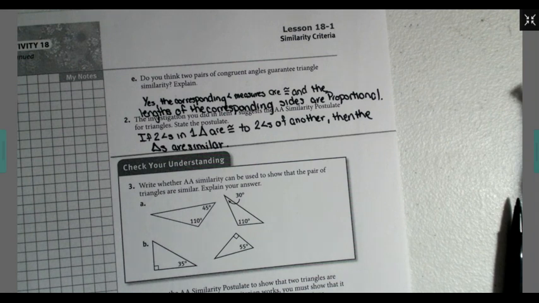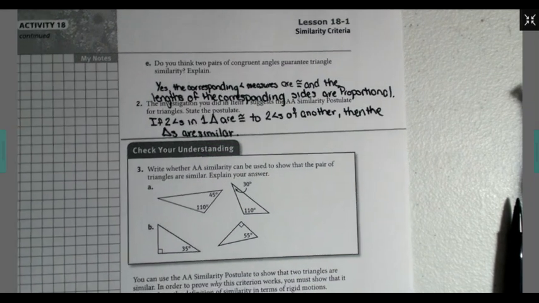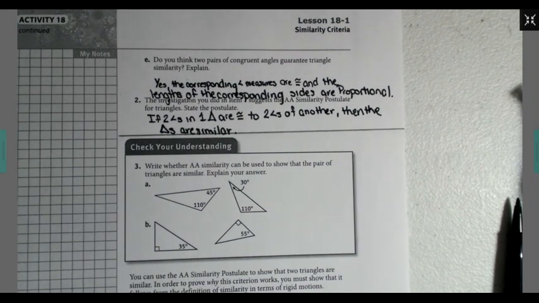Number 2 says, the investigation you did in item 1 suggests the angle-angle similarity postulate for triangles. State the postulate. The postulate states, if 2 angles in one triangle are congruent to 2 angles of another triangle, then the 2 triangles are similar. On to the next set of questions.